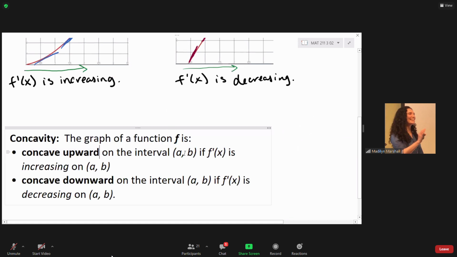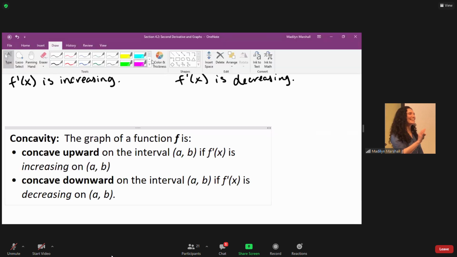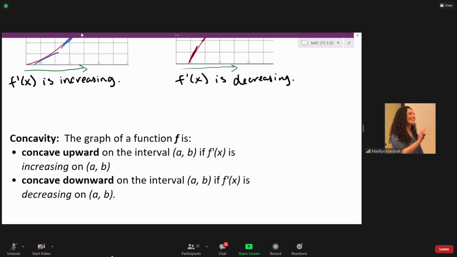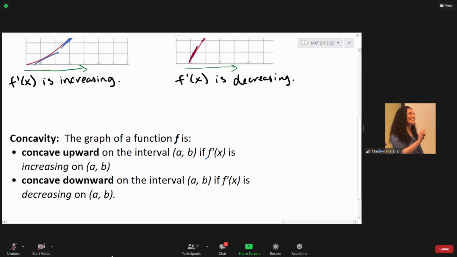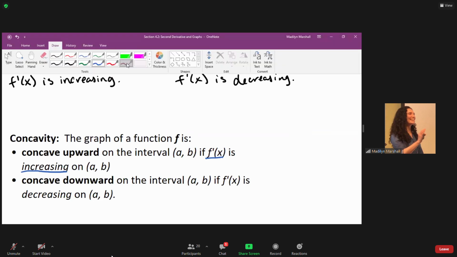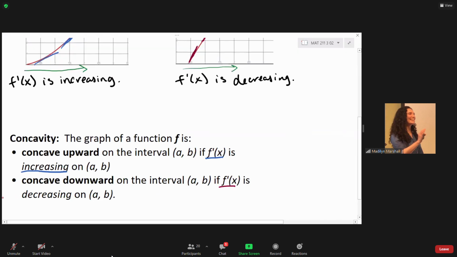On an interval, if f prime is increasing on AB, so if f prime is increasing, then we say the graph is concave up. If f prime is decreasing, the graph is concave down.